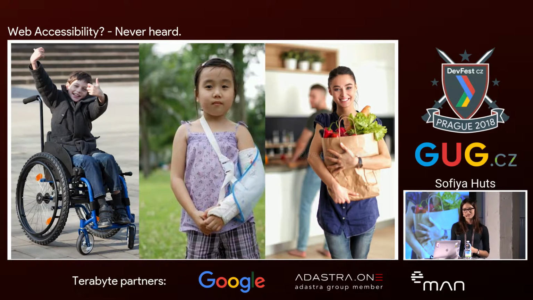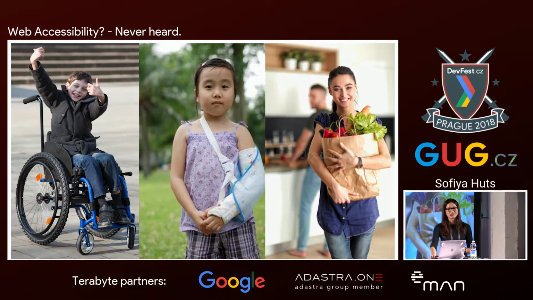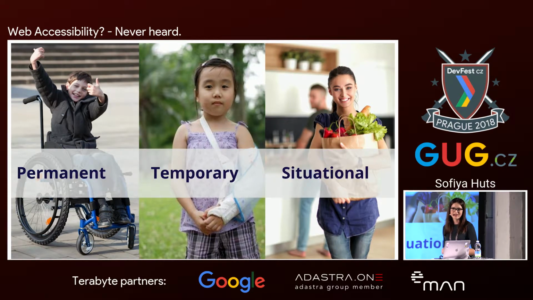Raise your hand if you think it's the boy in a wheelchair. Raise your hand if you think it's the girl with a broken arm. And raise your hand if you think it's the woman with a bag of groceries. If you raised your hand 3 times, you are correct.